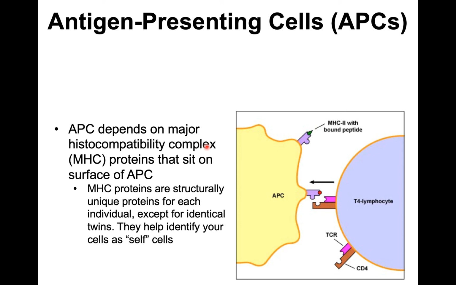Every APC has an MHC on top of it. It actually has multiple MHCs on top of them. And those MHCs are what bind to the antigen to be able to present it to cells like T cells.